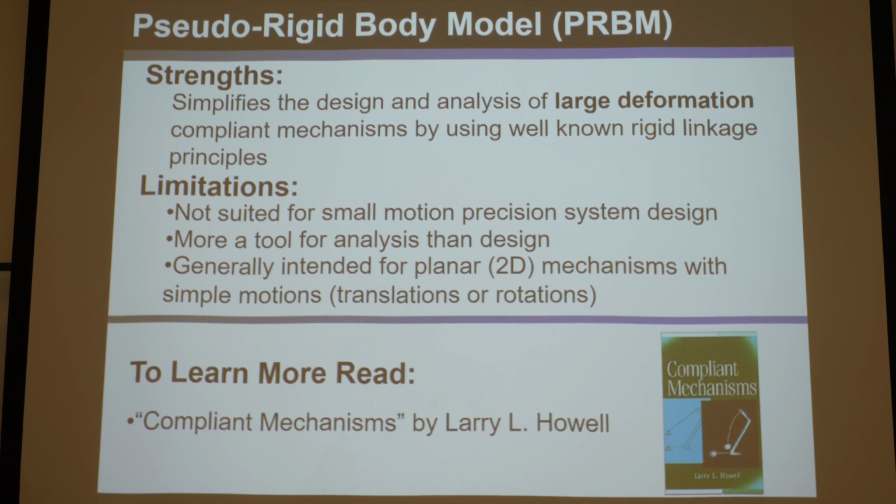And then you can have higher confidence you found the best design, right? But there's nothing that guides it to the best design for either of these approaches, really. For a pseudo-rigid body model, you're just going to get a compliant analog to whatever mechanism you designed rigid, and who's to say that rigid mechanism is the best mechanism to do what you want? Okay, so these are other things to think about.